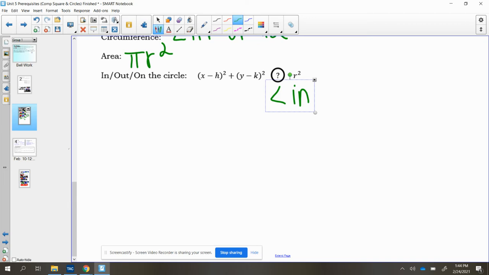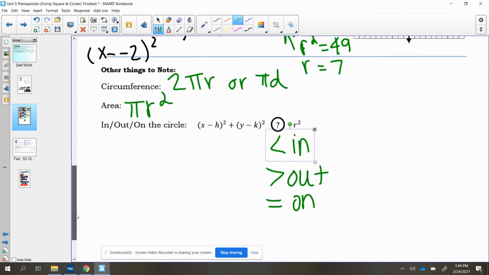It's going to be outside of the circle if what we plug in is greater than r squared, and it would be on the circle if they were equal to one another. Okay, and we'll talk more about these examples in class, but there are definitely some other pieces you are going to want to have written down.